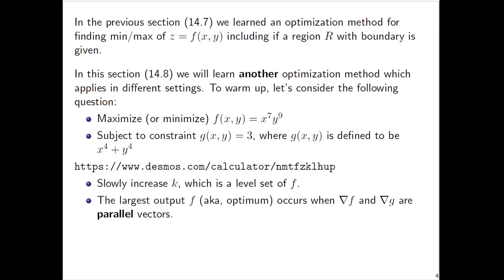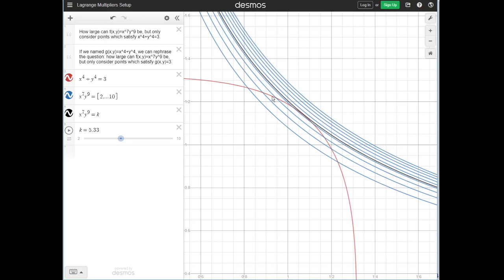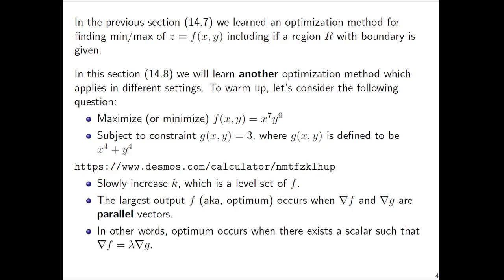It turns out that the largest output of the function f occurred when the gradient of f and the gradient of g are parallel vectors. You'll see the gradient is going to end up pointing in this direction for both of those. This is a matter we don't want to dig into in too much detail here, but this is always going to occur.